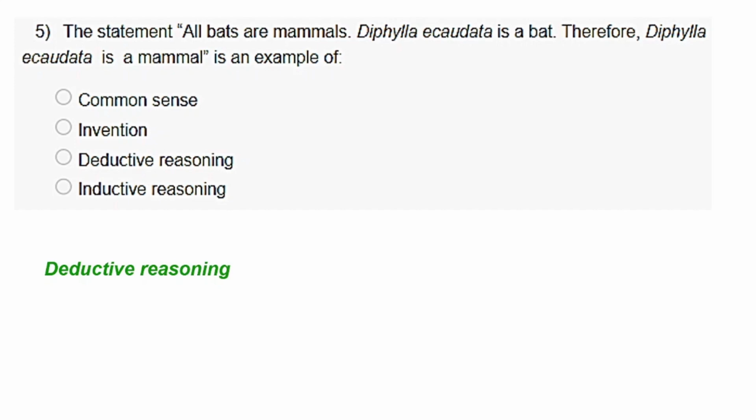You first have the hypothesis, and then you're deducing that all bats are mammals. This scientific name is a bat, therefore this should also be a mammal. So at first you are providing a hypothesis, then you're going back and deducing. So this can be called an example of deductive reasoning.